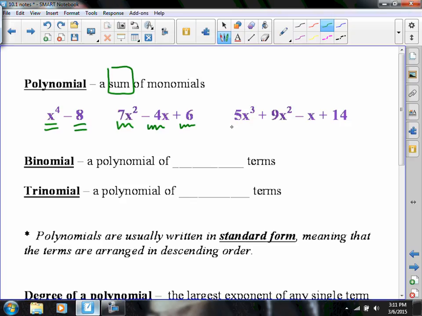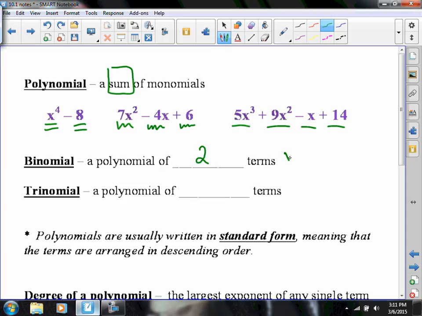Then you have 5x to the 3rd, 9x squared minus x plus 14. So there you have 4 terms. You have 4 monomials that are all added and subtracted together. Now we have a special name for just one term. That's a monomial. A binomial is when you have a polynomial that has 2 terms.